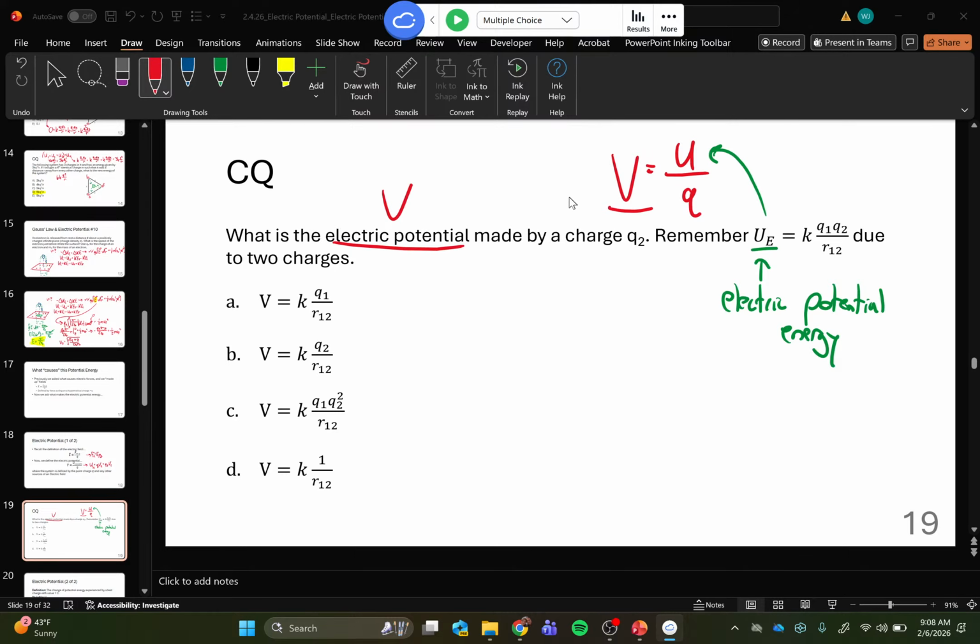I'm about to make a statement that's going to make about 52 of you go, oh. Which charge is making the voltage? Charge 2. As charge 2 goes up, do you think it's going to make more voltage or less voltage? More. So Q2 should probably be in our equation. It's one of those that once you hear that statement, you're like, oh, yeah.